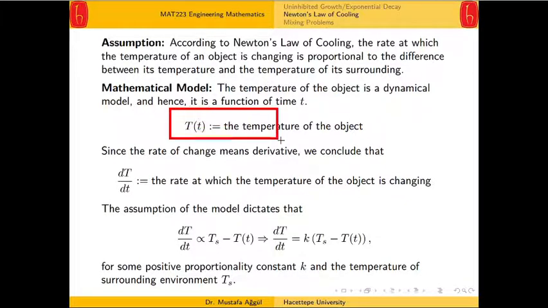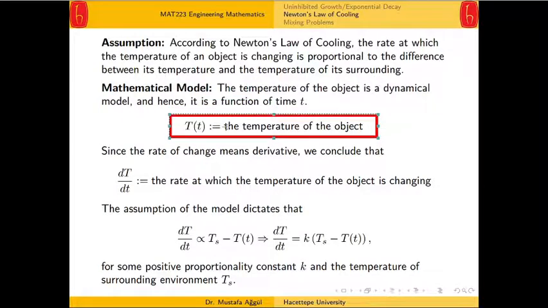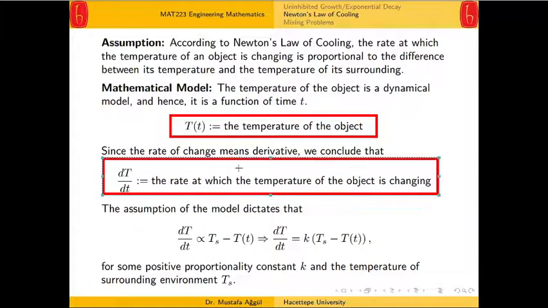For the mathematical model, let's start with defining some functions: T(t) is the temperature of the object, and dT/dt is the rate at which the temperature of the object is changing.